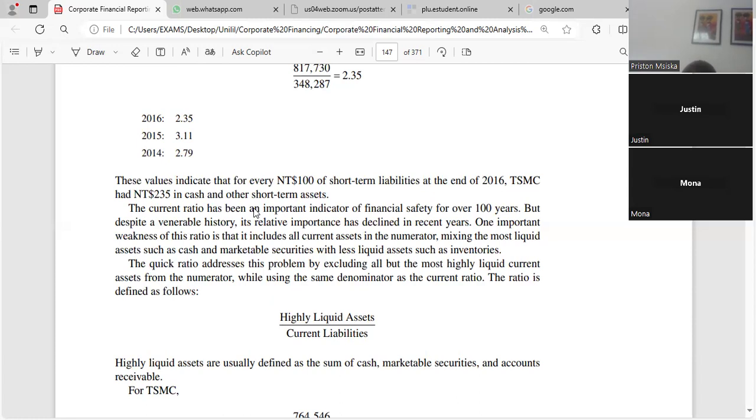But ratios are quite many. What is important for you and me is to look at the categories. So profitability, risk, and then you have liquidity, meaning whether you can pay back your debts.